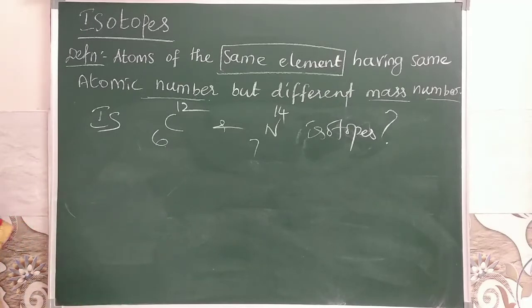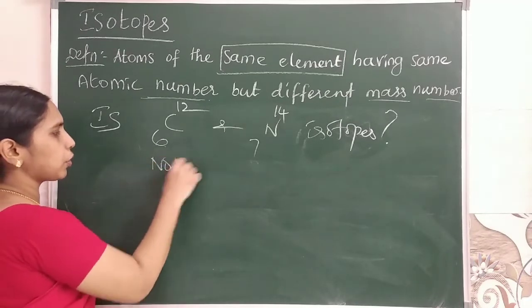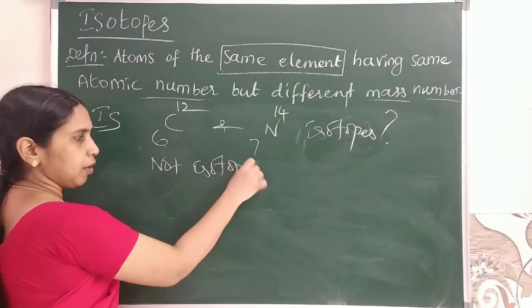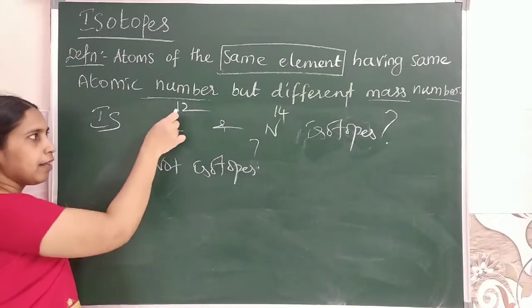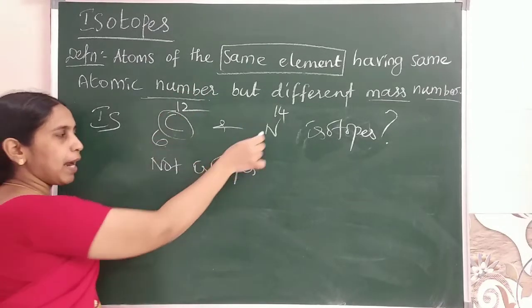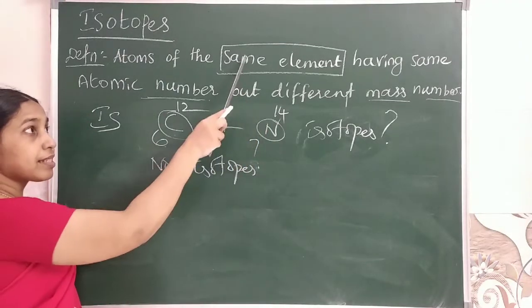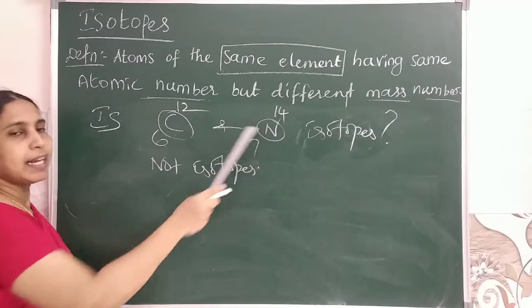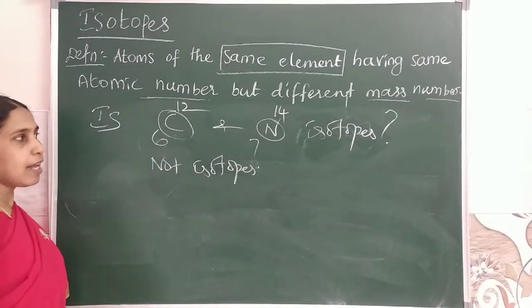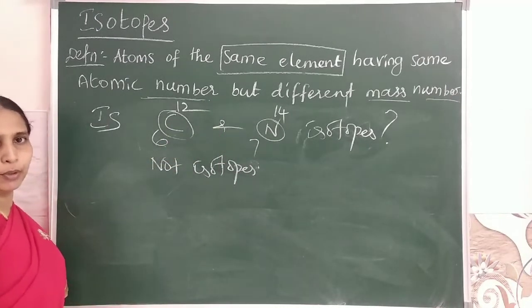You can readily answer: these are not isotopes. Why? Here the element is carbon and here it is nitrogen. By definition, isotopes must be the same element, and here they are different elements, so these are not isotopes.